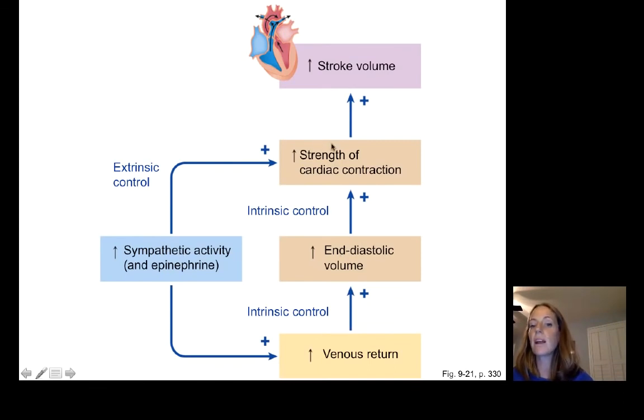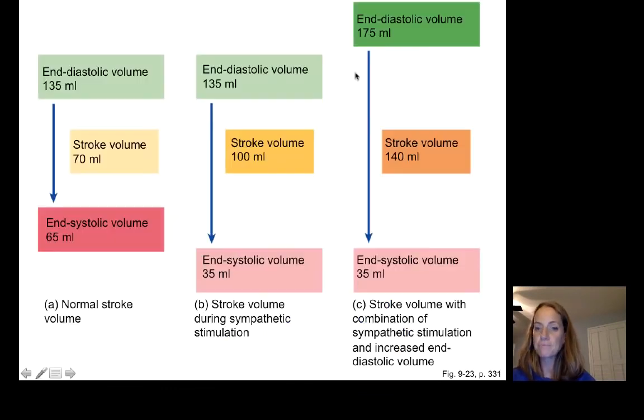It can also directly increase contraction by increasing calcium inside the cardiac muscle. Both of those are going to increase the stroke volume. I know this sounds like a lot right now. We're going to do more of this in the next lecture.